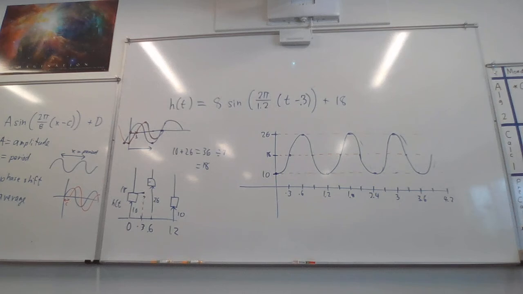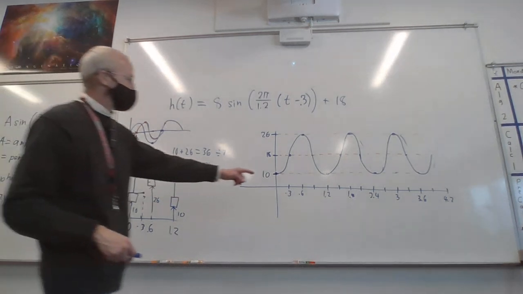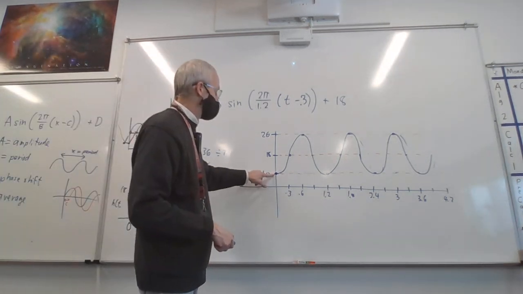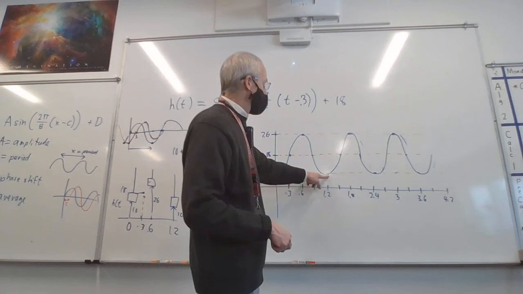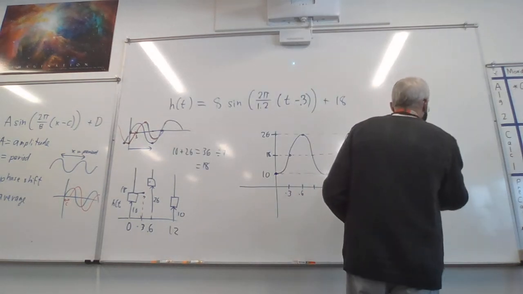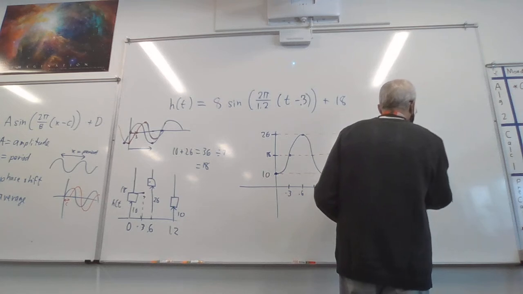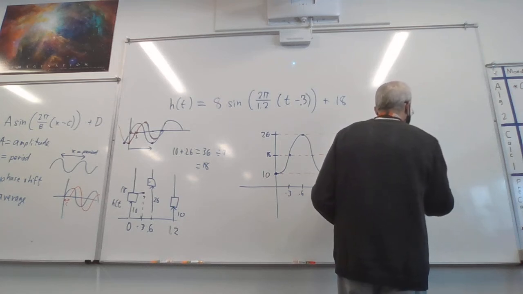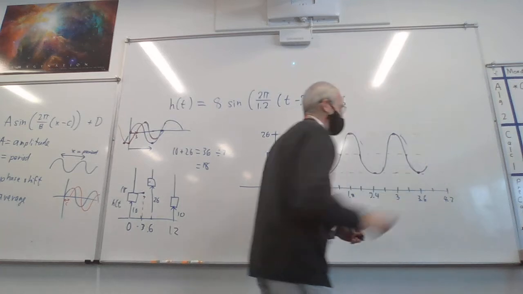Again, it really helps to put the middle ones in to hit those. So every 1.2 seconds, we start off at the bottom. 1.2 seconds later, we're at the bottom. 1.2 seconds later, we're at the bottom. Okay, my last one here is not so good. That should be the bottom of the curve, right there. Then it goes on and on.